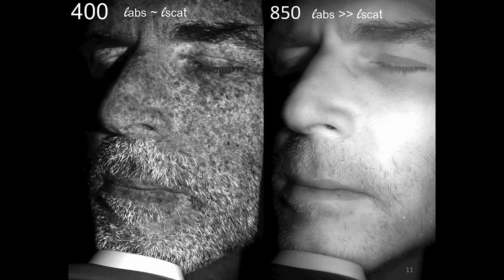In the near-infrared, an absorption length is the average distance between absorption events. It's not the average distance between molecules, per se. It's the average distance between events. So in the near-infrared, those absorption lengths may be about 10 centimeters. They're very far apart. Whereas scattering lengths in the near-infrared are 20 to 40 microns. So huge difference. Obviously, I look better in the near-infrared.